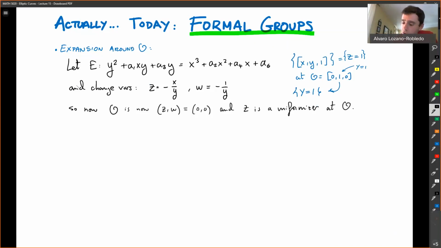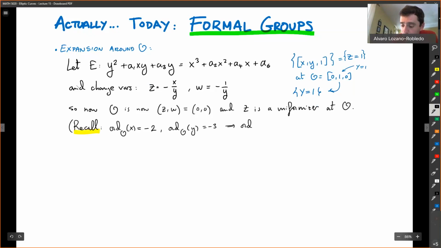Right. So what that means, let me write that down. Recall that the order of vanishing at O of X is minus 2. The order of vanishing at O of Y is minus 3. So the order of vanishing of this new variable Z is actually minus 2 minus 3, which is 1.